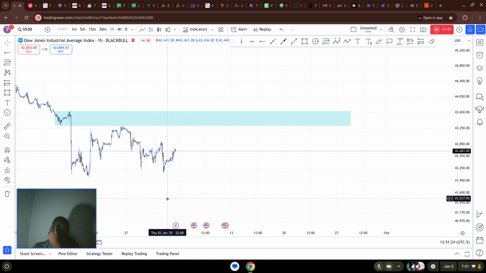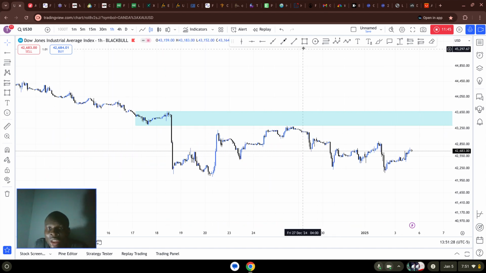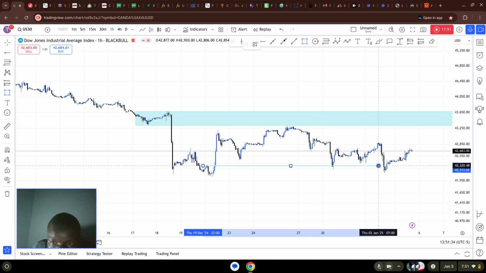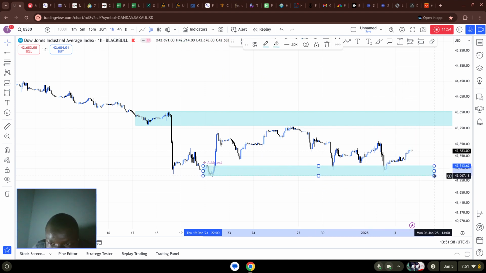Not only that, we also have another demand zone at this point.